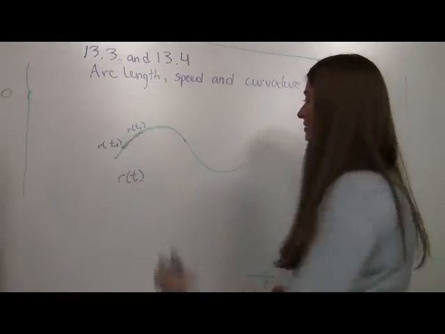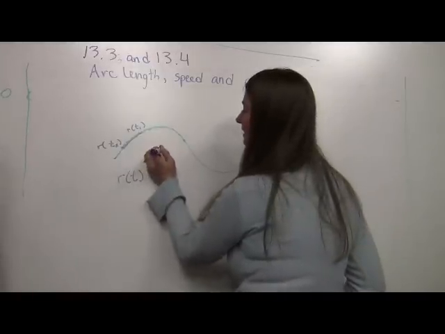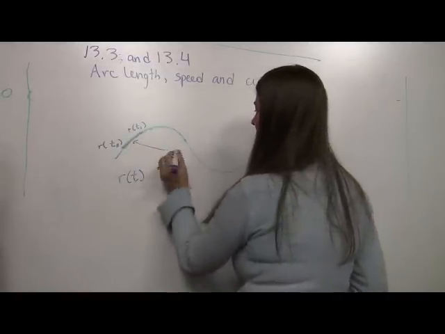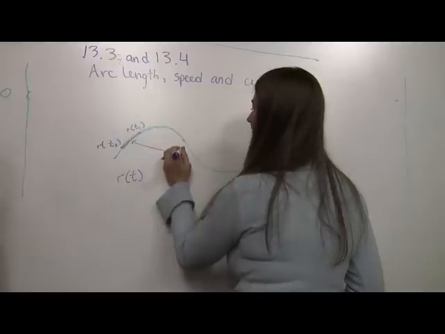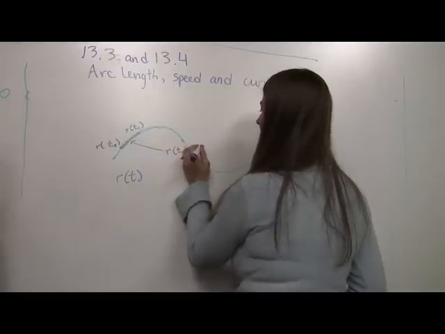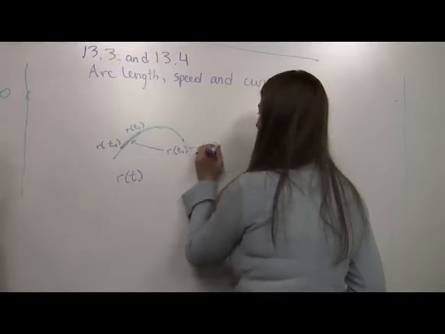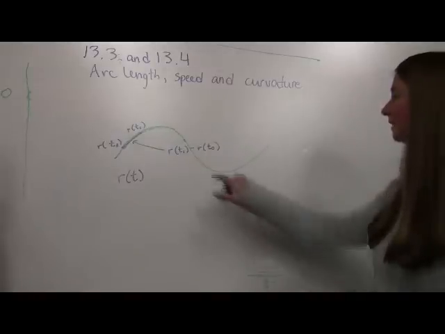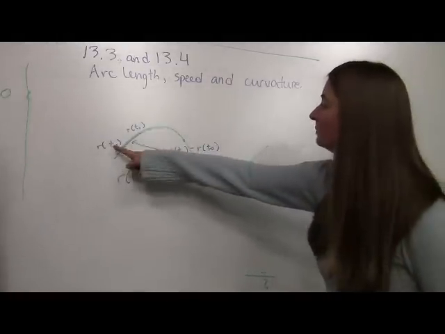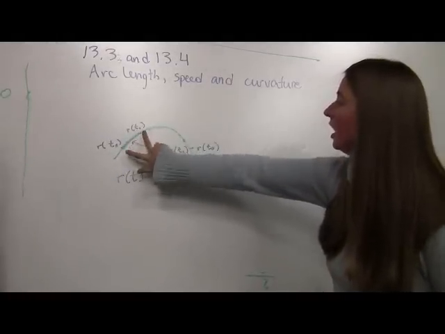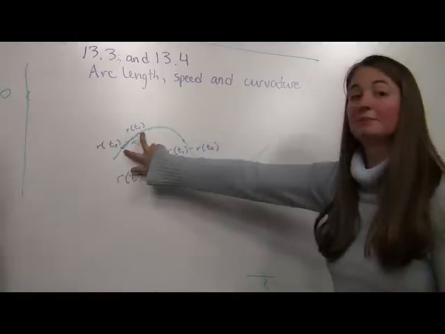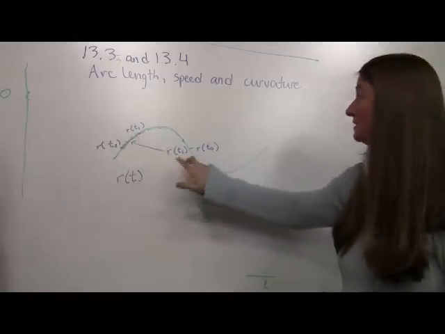In vector valued notation, I can represent this line segment as the difference r of t1 minus r of t naught. As I travel from t naught to t1, I'm undergoing a change in time. Typically, we represent that change in time as a delta t.